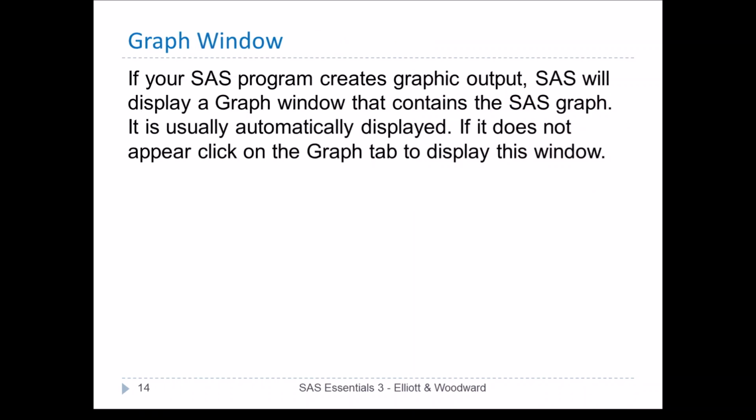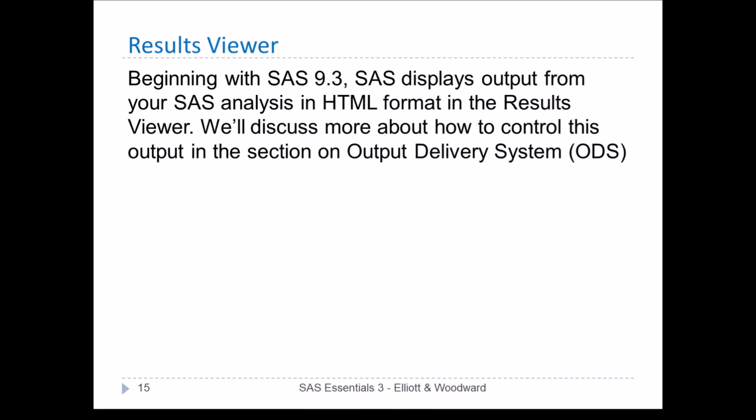The Graph window, which we haven't seen yet, often appears as a tab on the bottom, and when you create a graph, then that's going to appear, and again, you can get to it simply by clicking on the tab. The Results Viewer is a window where SAS displays the output of your SAS analysis. And you need to note that it's in HTML format.